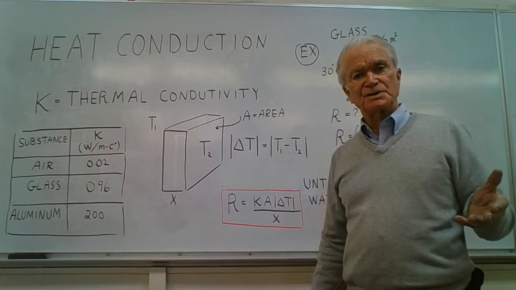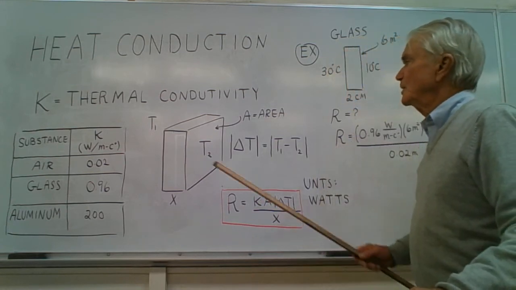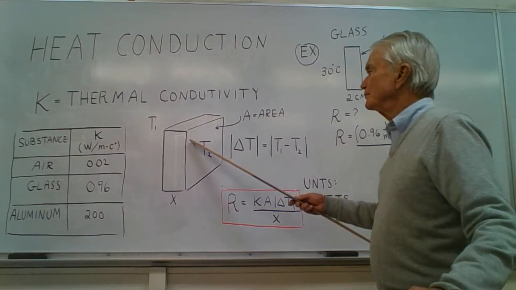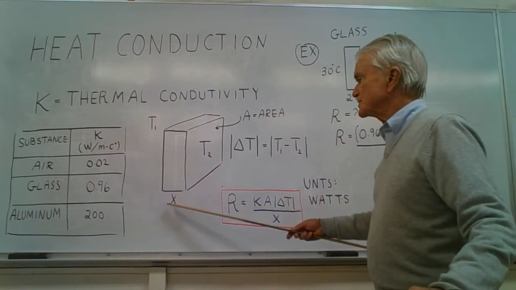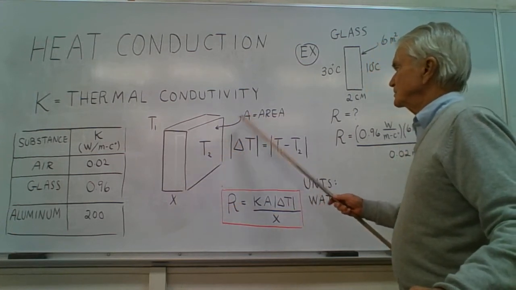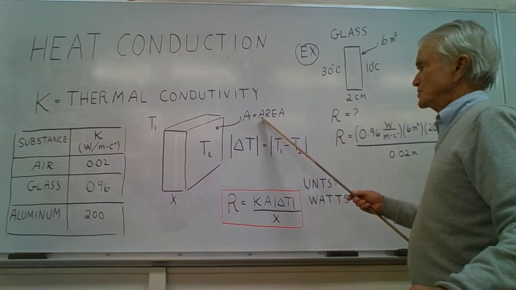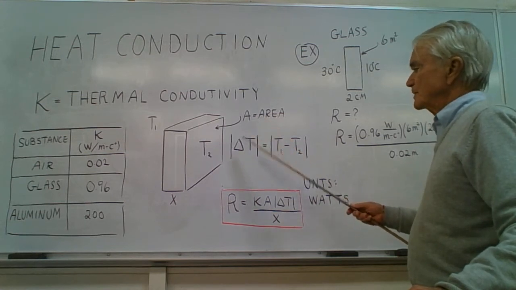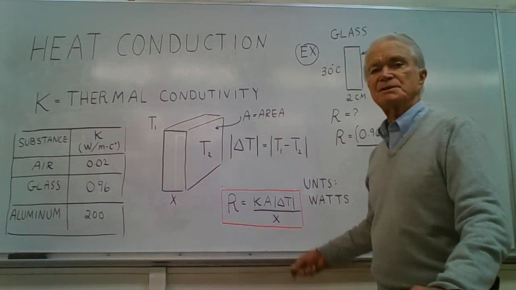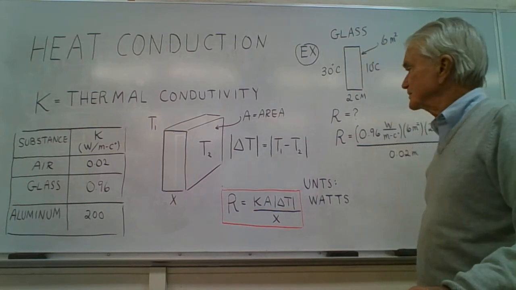Watts are the units, joules per second, same as a watt. I show here a wall whose thickness is X and whose face area on either side is A, measured in square meters. Likewise, X, the thickness of the wall, is measured in meters.